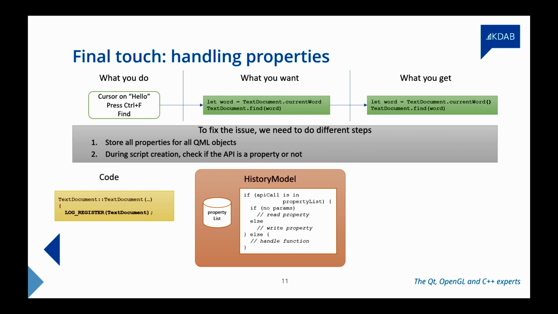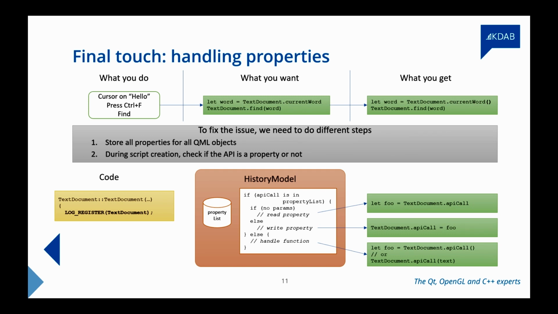Yes. Then we need to check: are we reading the property or are we writing the property? And if it's not a property, then we handle the function. So 3 different use cases here. First one, we are reading the property. Second one, we are writing the property. And the last one, we are calling a method.